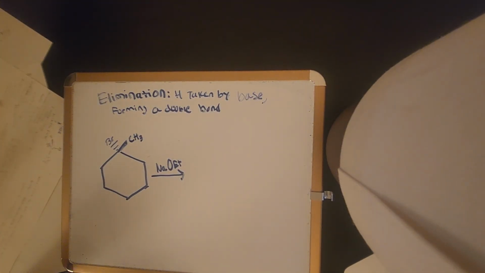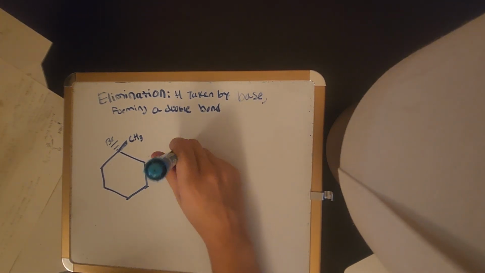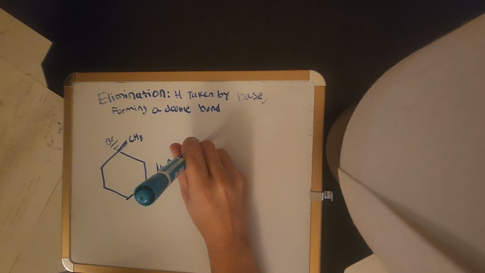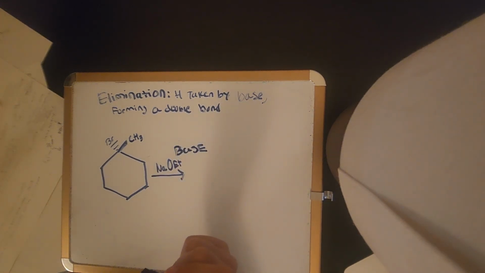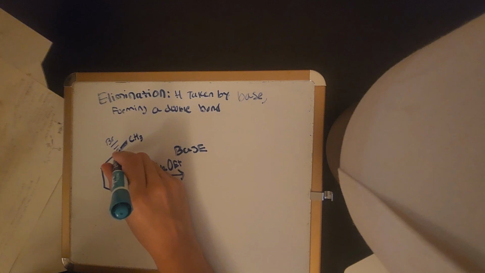All right, in an elimination, a hydrogen is taken by a base and it forms a double bond. In this case, this is the base. Now, it doesn't directly steal from this carbon. In most cases, we will get to the ones where it does.